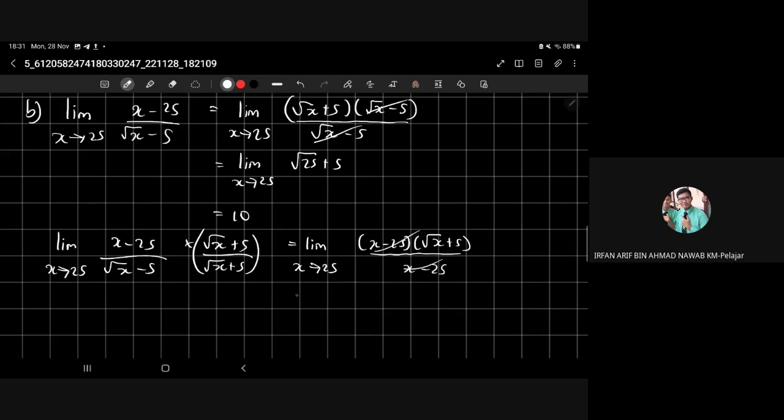So boom, boom, boom. As usual, you get the same value. You can use any method. As long as you avoid the careless mistakes, then you should be fine. Okay. So any questions? Can we move on to question C?